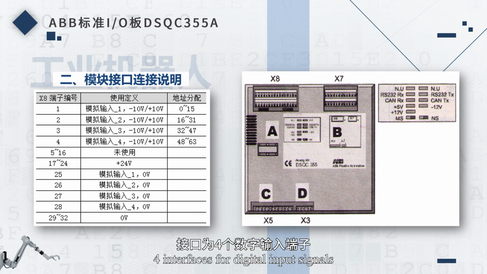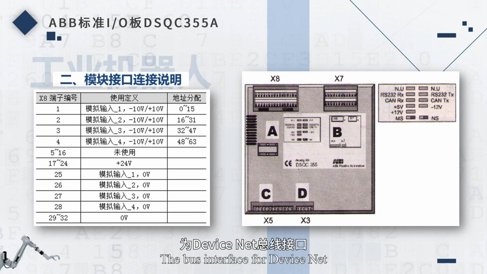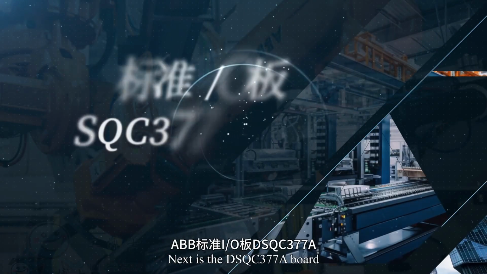X5 has 4 interfaces for analog input signals, with the addresses from 0 to 63. X3 means the power supplied interface. X5, the bus interface for DeviceNet. Its function and setting way are the same as DSQC651.